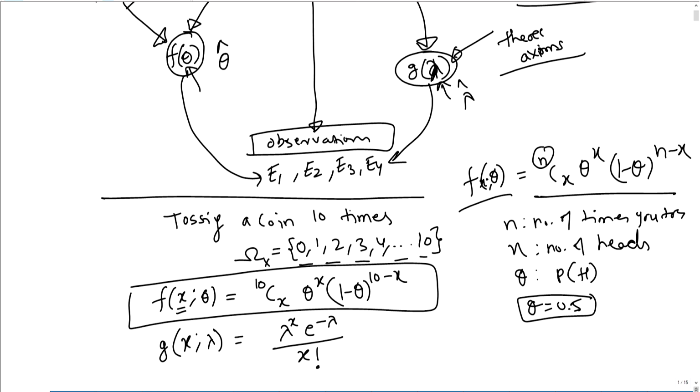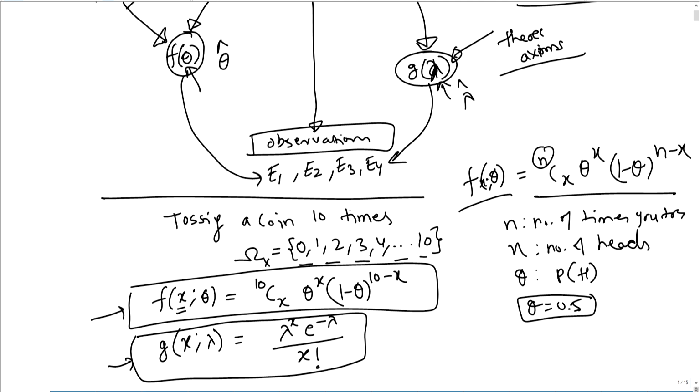So, this is just another assumption I made, where x is the number of heads, lambda is a parameter of this function, and it would indicate here the rate of obtaining heads, or on average at what rate you get heads when you toss a coin. Okay. So, this is basically another assumption I am making about the same process. Now, how reasonable is this assumption and how reasonable is this assumption? That is a different question that can sometimes depend on the theory or the kind of data you have. Okay. So, we will come back to that later.